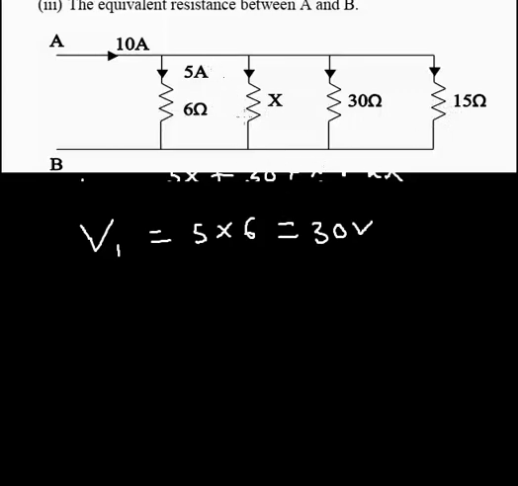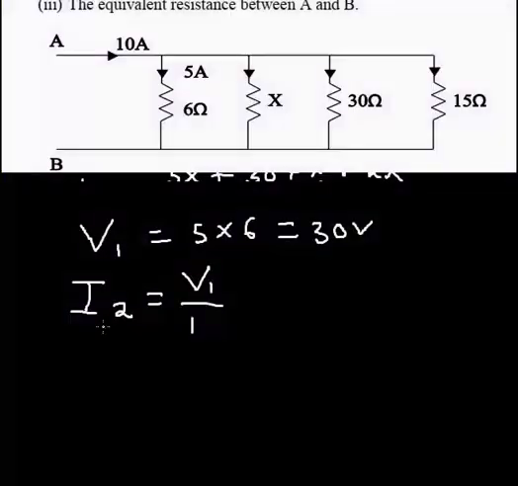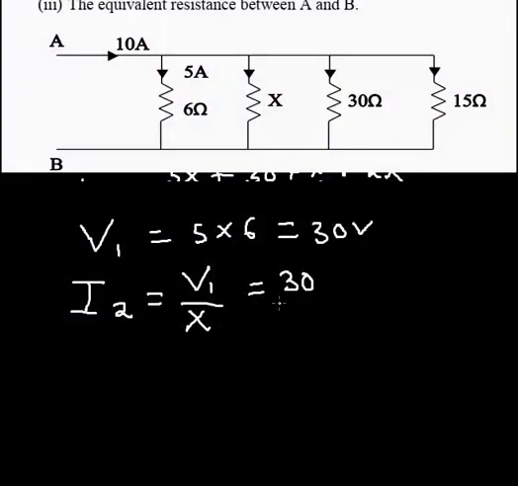So invariably now, it is just easy for me to get the current I2. Simple, okay? It's going to be the same voltage V1 divided by R2, which is 15. So that's going to be 30 divided by 15. We found that, okay, and that is 2 ampere.